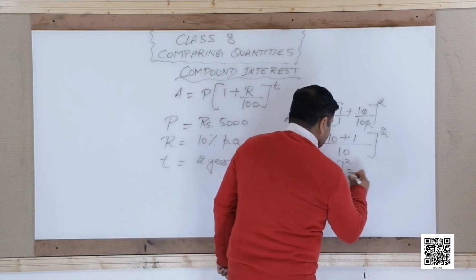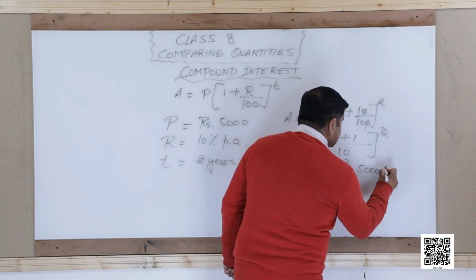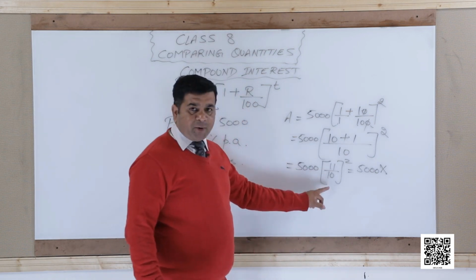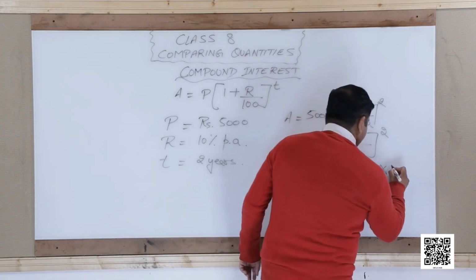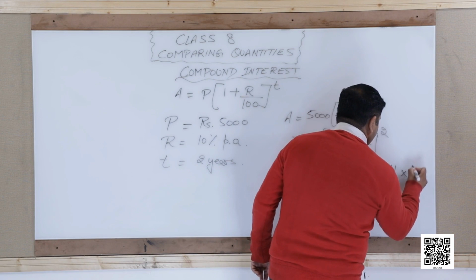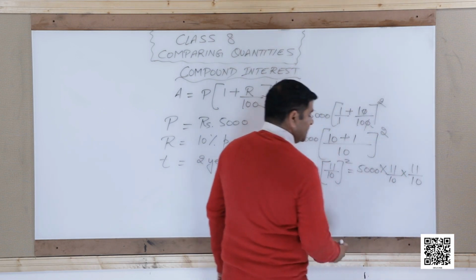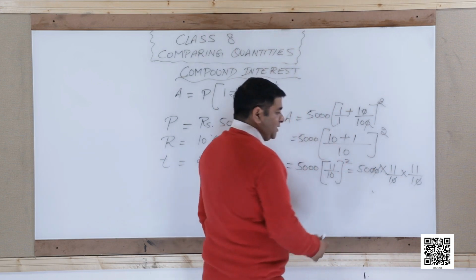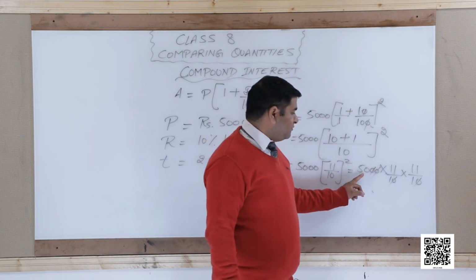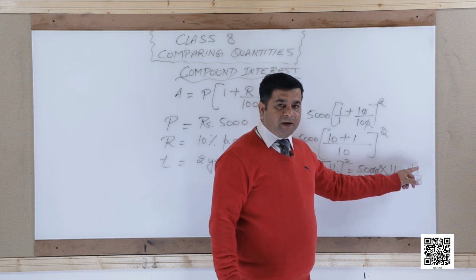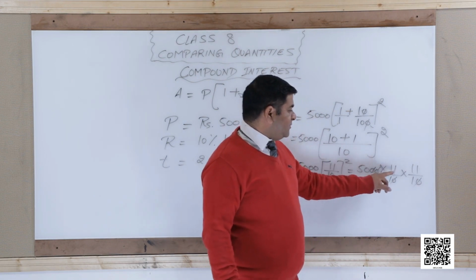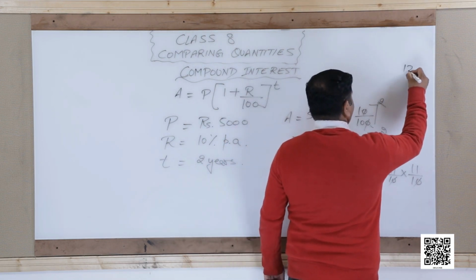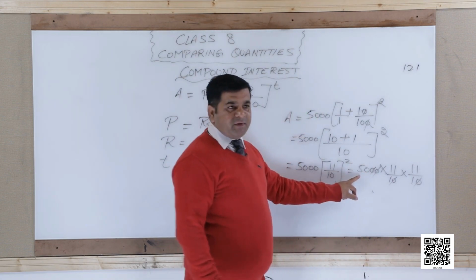We can calculate it. We have 5,000 multiplied by 11 upon 10 raised to power 2, that is 11 upon 10 multiplied by 11 upon 10. See, 10 cancels with 10, 10 cancels with 10. We have 50 multiplied by 11 multiplied by 11. Now 11 times 11 is 121. We multiply it with 50.